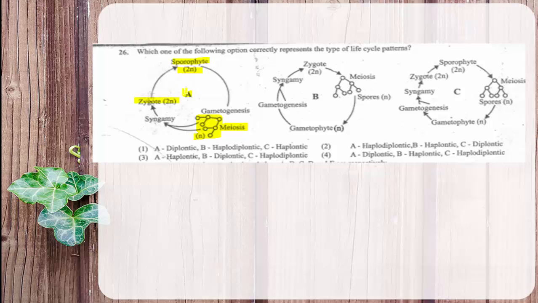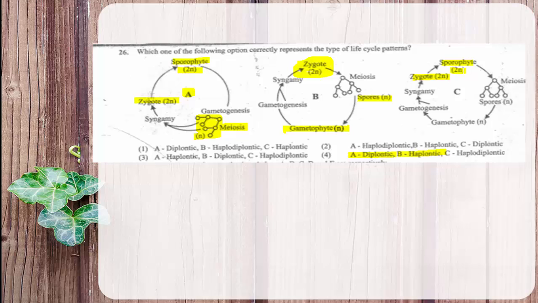So most of the stages are diploid except the gametes. A life cycle represents diplontic life cycle. Then what about B? In B, gametophyte is a haploid. The spores are also haploid in condition. Zygote is the only one structure which is in the diploid condition. So B becomes haplontic, and C, zygote is diploid, sporophyte is diploid.